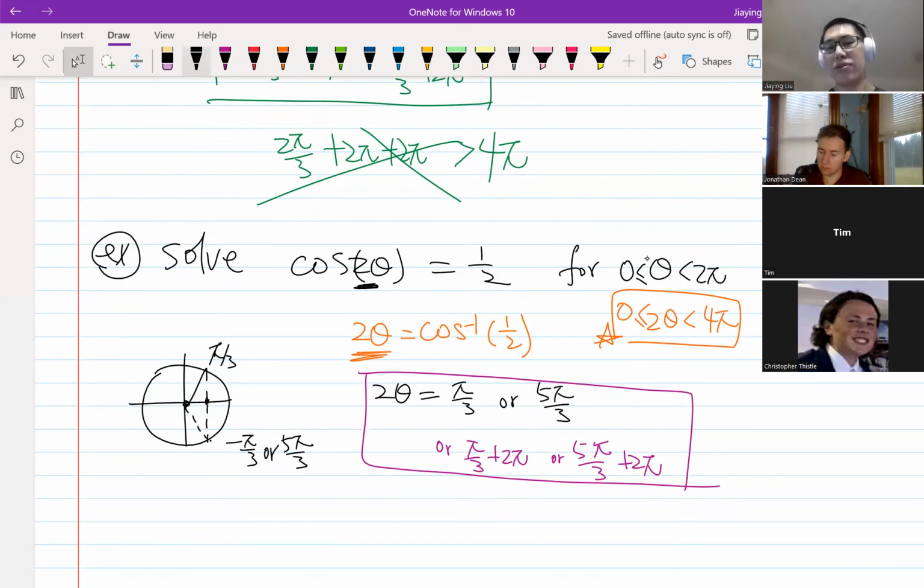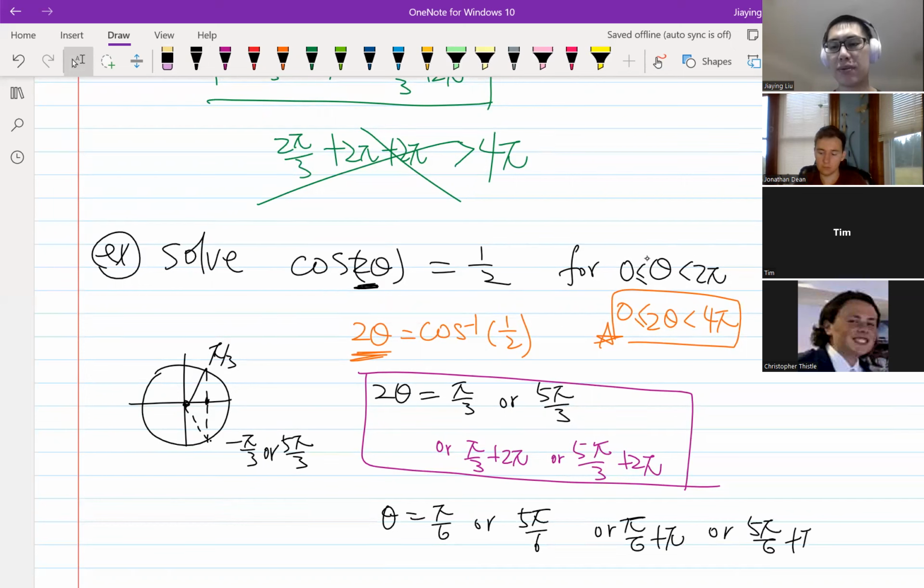And then the next step is to find theta. All we have to do is take each of the angles and divide by 2. So theta equals pi over 6 or 5 pi over 6. Or if we take pi over 3 plus 2 pi divided by 2, that's pi over 6 plus pi, or 5 pi over 6 plus pi.